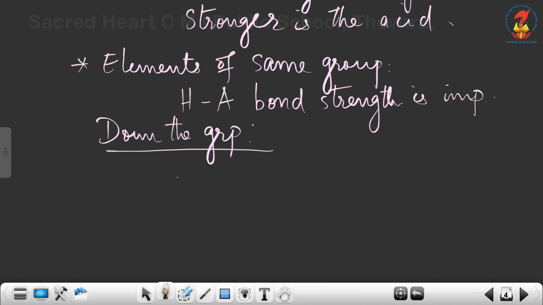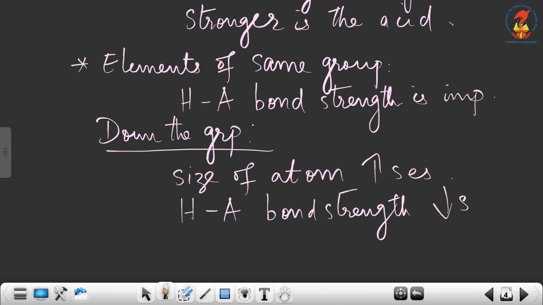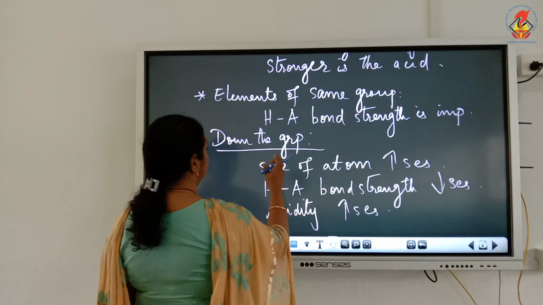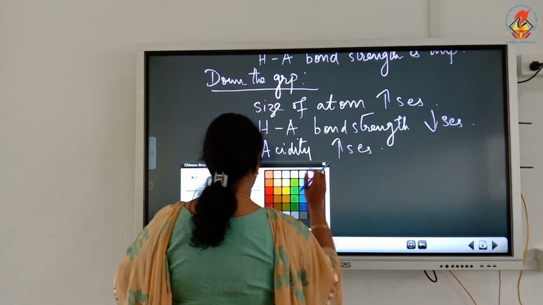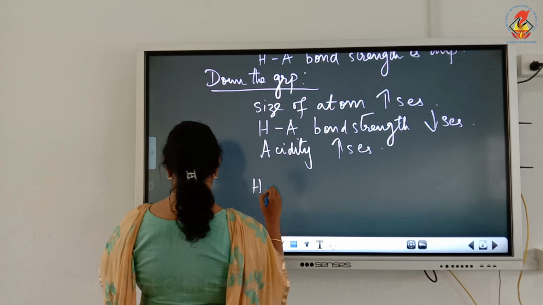Size of atom increases, then HA bond strength decreases and acidity or acid character increases.